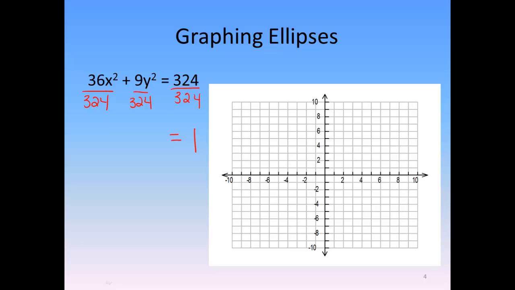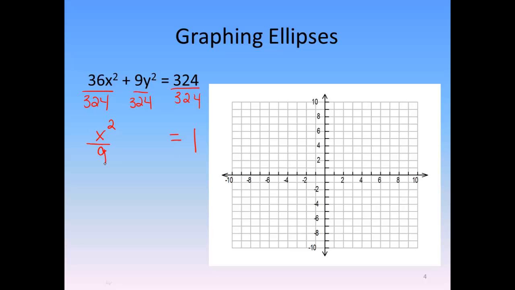What I recommend you do here is take your calculator and do 36 over 324, and you want to reduce that fraction. You should get 1 over 9.